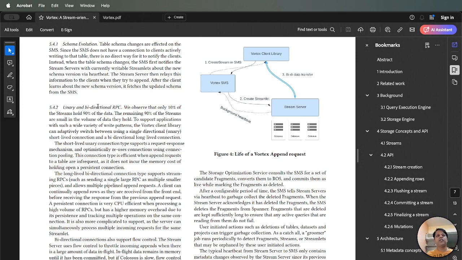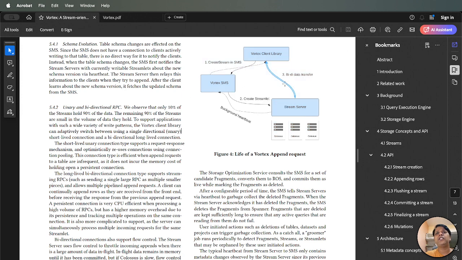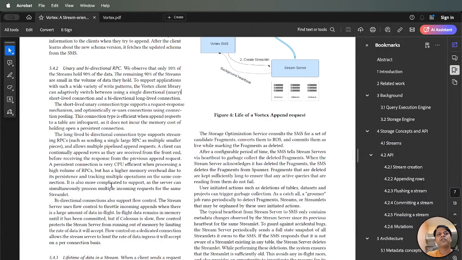Let's say multiple clients are trying to write, so there are a lot of writing patterns, but to handle these connections efficiently and utilize them better, only a few are used for bidirectional communication, and mostly they are unary only. They are killed if they are not needed. Bidirectional is used only for certain scenarios.